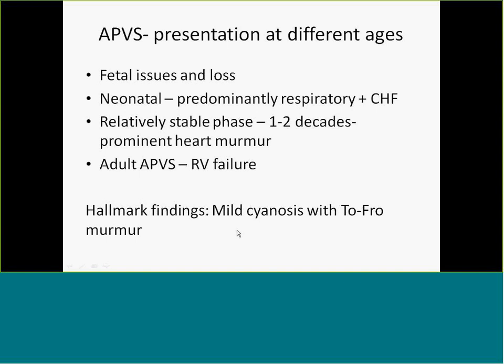The hallmark of the stable group is relatively mild cyanosis. Often cyanosis is missed. Clubbing may not even be noticed. And they have prominent to and fro murmurs. I wonder how many of you have heard that Tetralogy of Fallot with absent pulmonary valve syndrome has a very distinct to and fro murmur.